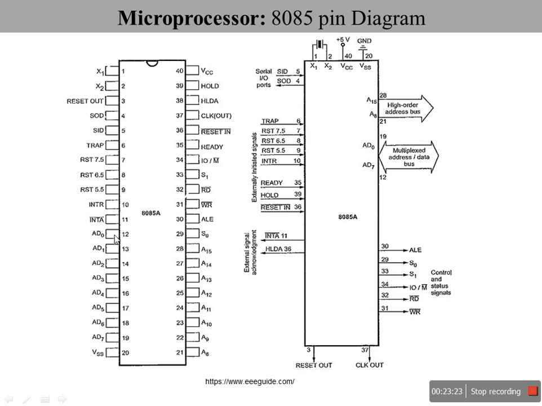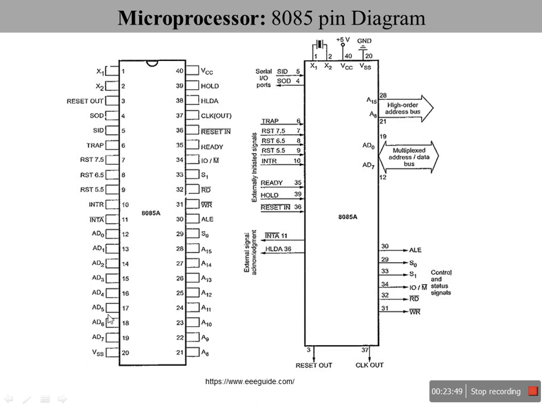Next we have pin number 12 to pin number 19, which are AD0 to AD7. These are address and data lines. So here AD0, it is address and data, right? Here, to reduce the number of pins of a particular IC, these pins are time multiplexed.